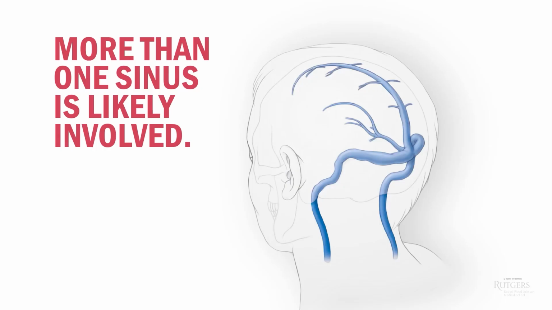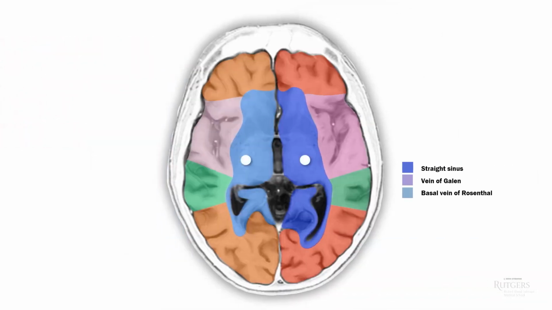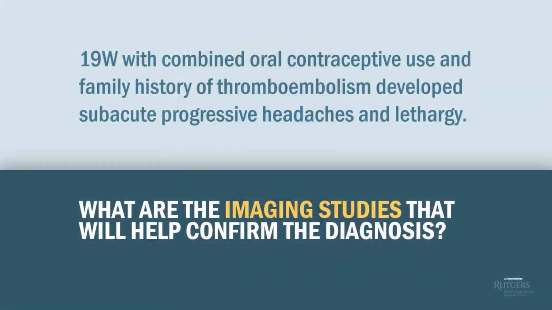More than one sinus is likely involved. Okay, that was a bit of a trick question, but considering her lethargy, straight sinus and the deep draining system is probably involved. What imaging studies will help confirm the diagnosis?